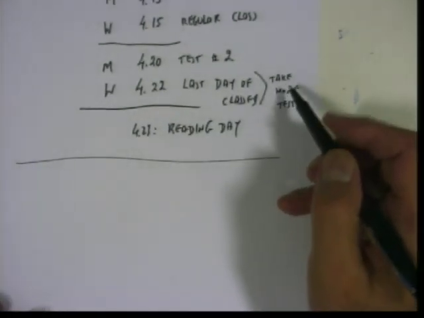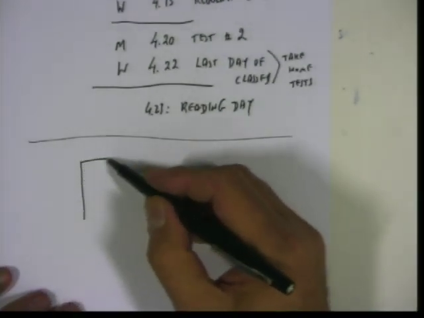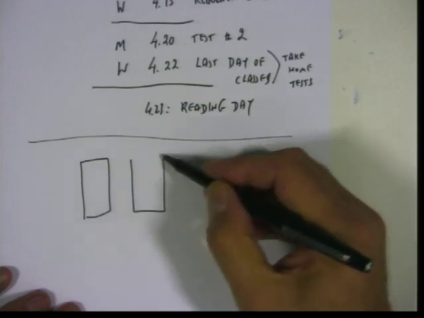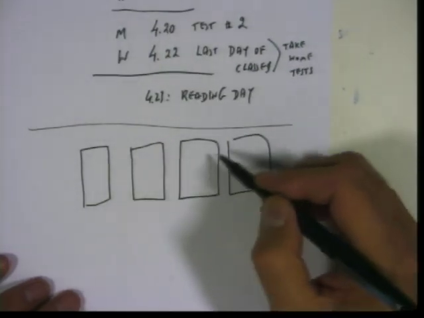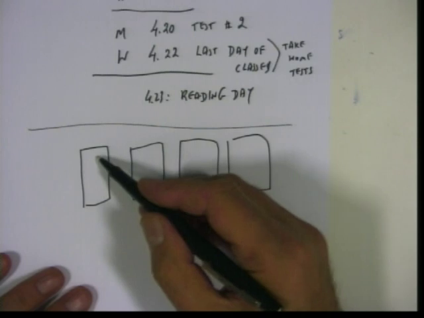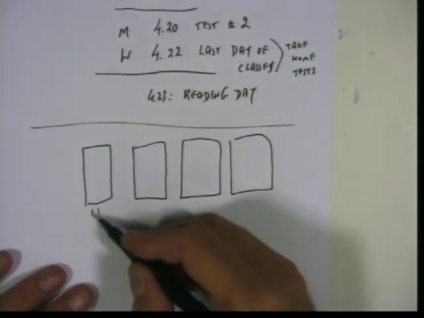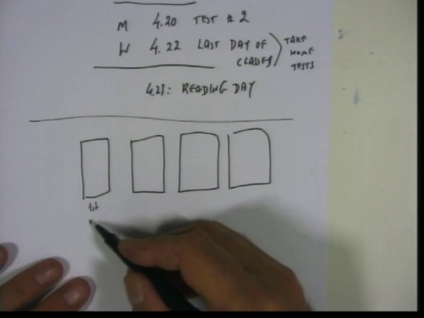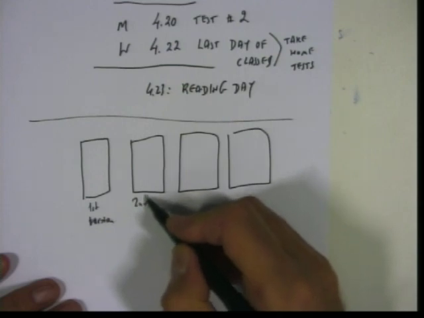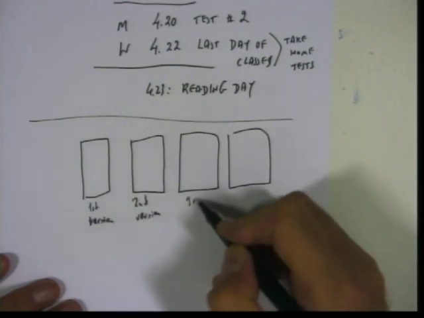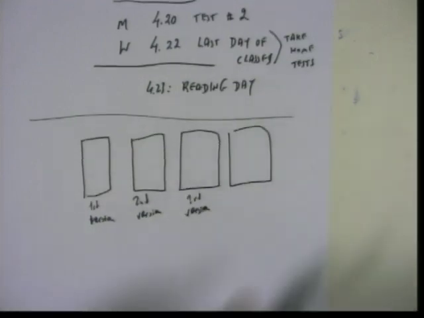Now, an additional thing is how these take-home tests will be given. I will prepare tests according to the number of students, and I will not write the names on the tests. So there will be a first version, then a second version, third version, etc. You will come and randomly pick one of these, so that it is not assigned by me who is doing what.